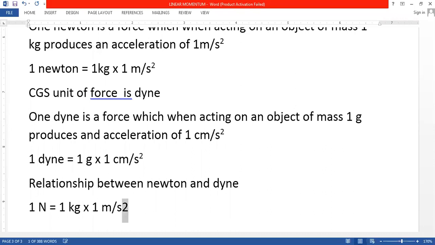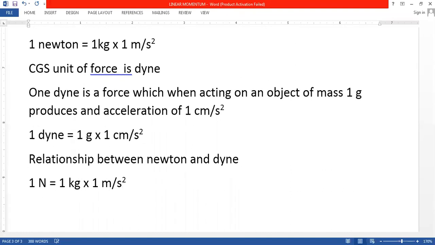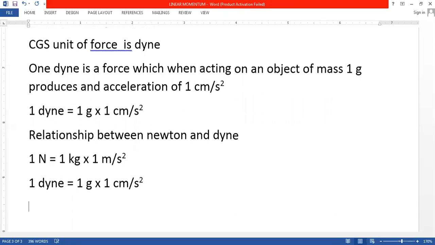Now we want to convert this relation into dyne. How much is 1 dyne? We know 1 dyne is equal to 1 gram into 1 centimeter per second square. So we will try to convert Newton into dyne.